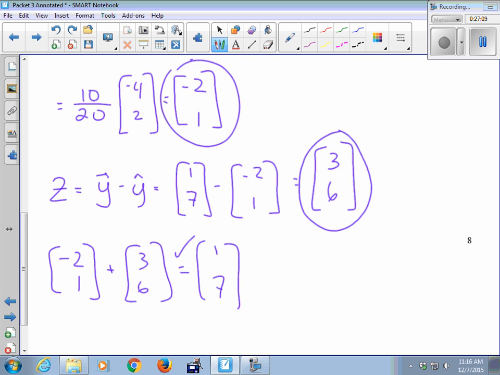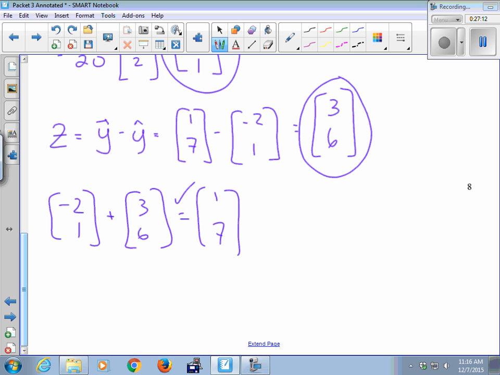Now I'm hoping that they are orthogonal to each other. So negative 2, 1 dotted with 3, 6. And I get negative 6 plus 6 is 0. Orthogonal. So these are like my new axes. Negative 2, 1 is in the direction of u, because u was negative 4, 2.